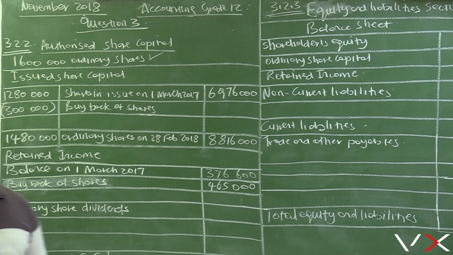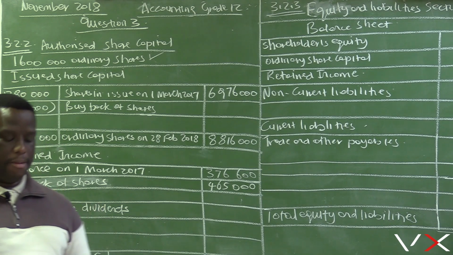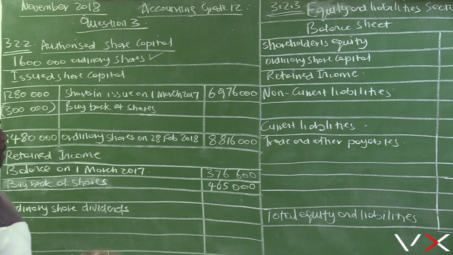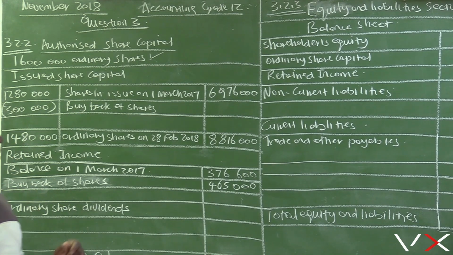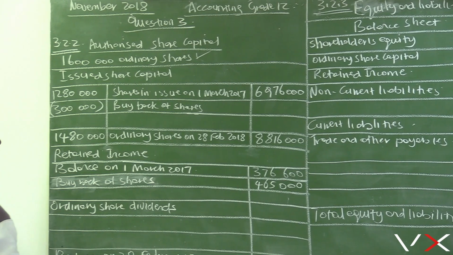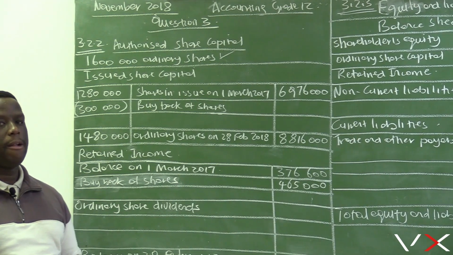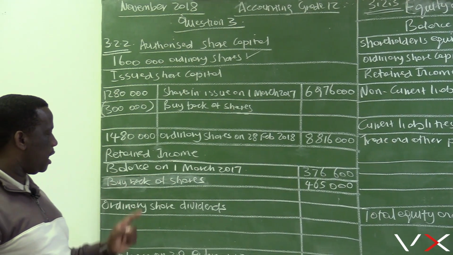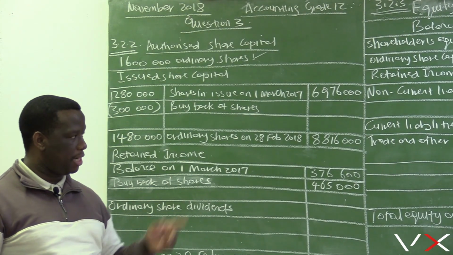In fact, there are three places wherein you will find the buyback of shares. The first note where you find the buyback of shares is the issued share capital, and the price that is recorded in the issued share capital is the average issue price. The second place is your retained income note, and the price recorded there is the above average price.